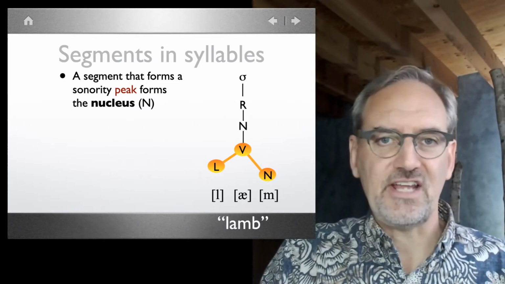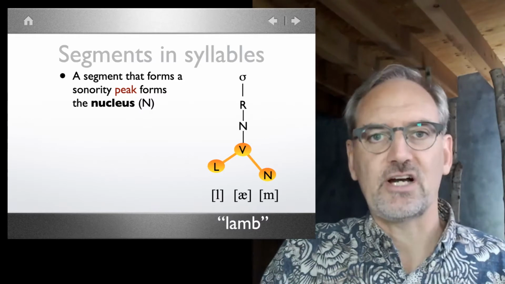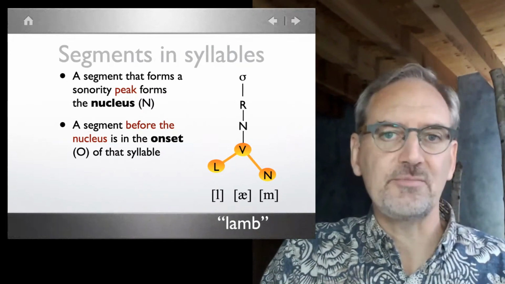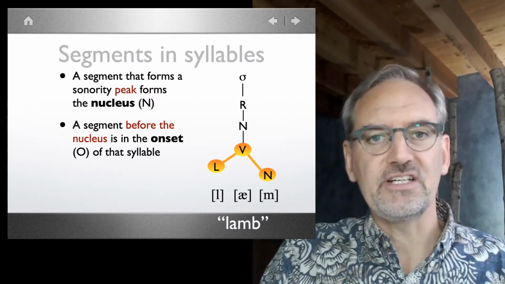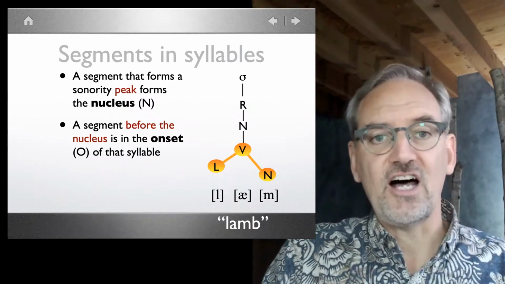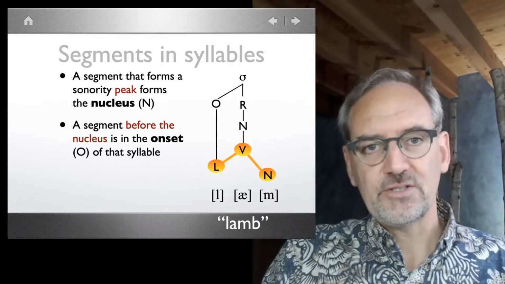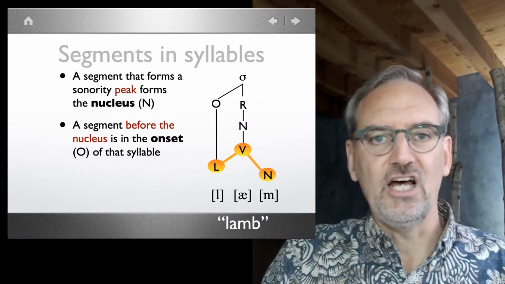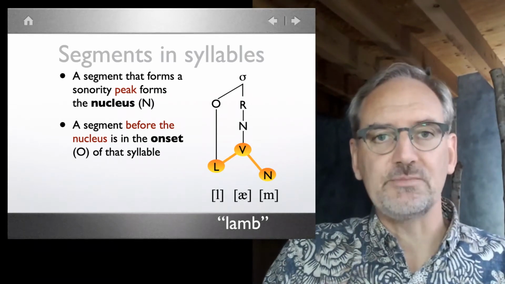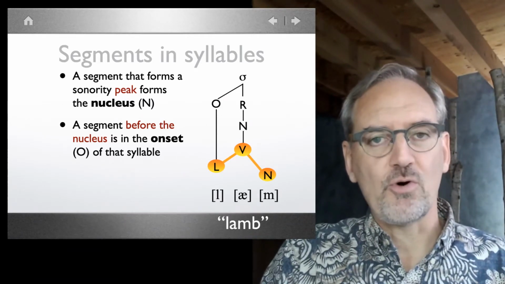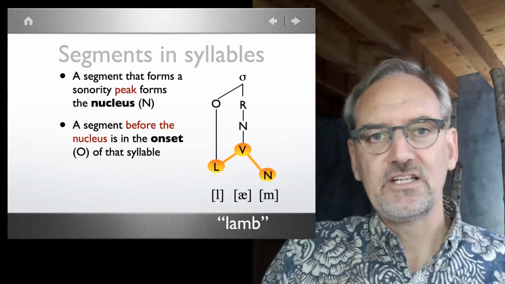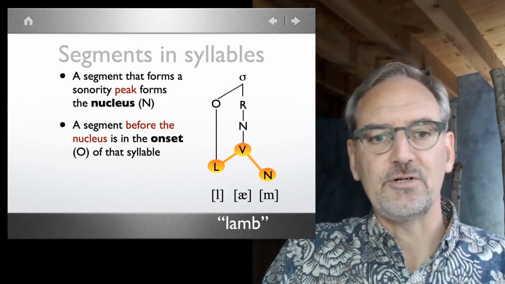And then we move on to the next rule of syllable structure, which is that any segment before the nucleus of a syllable is in the onset of that syllable. So in this case, the L, the lateral approximant, is a segment before the nucleus of a syllable, so it's the onset of that syllable.